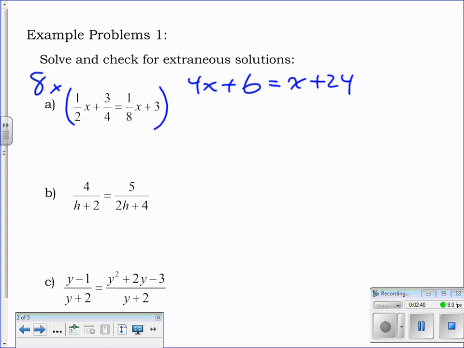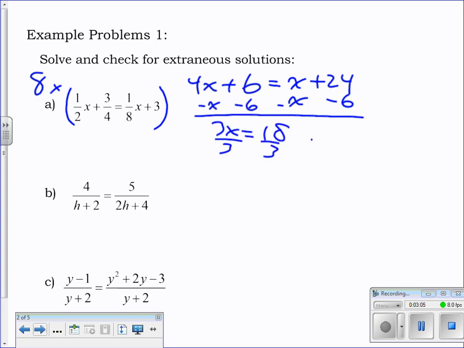Look, no more fractions. First step, multiply through by your common denominator. Easy peasy. Just solve it. Subtract x from both sides. Subtract 6 from both sides. And I get 3x equals 18, divided by 3, and x equals 9.